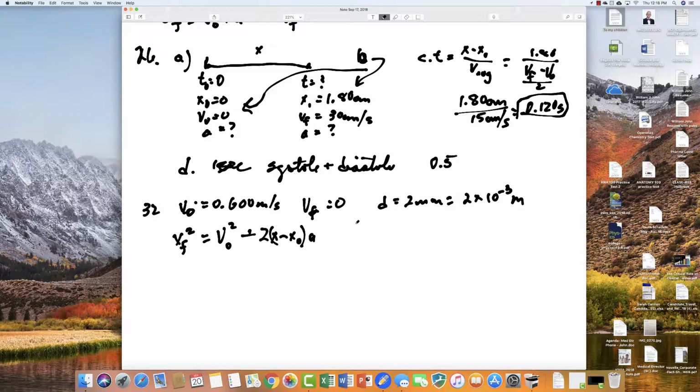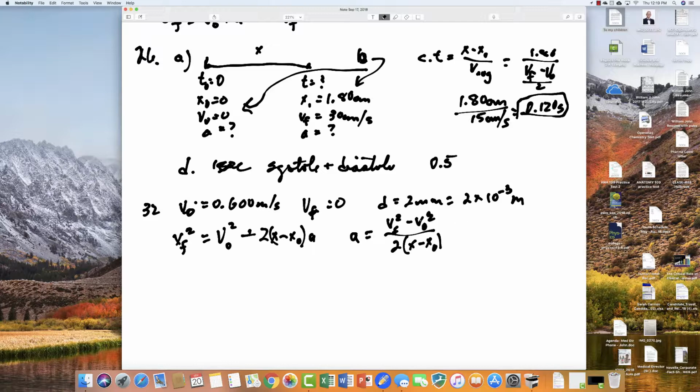And so if you rearrange this, you end up with a is equal to Vf squared minus V0 squared, divided by 2 times (x minus x0).